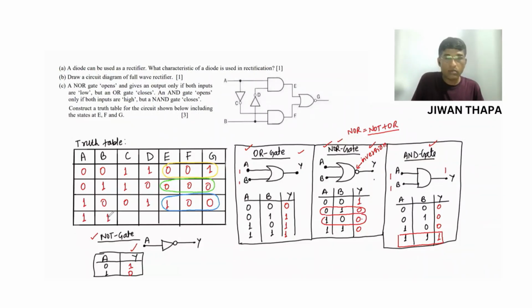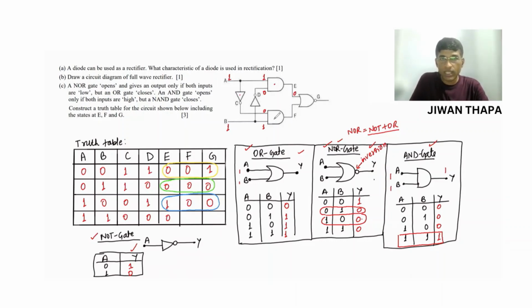Now A 1, B 1, both inputs are high. So 1 1, we have 1 1. Now this high on passing through this NOT gate will change into 0. So we have C 0, and this high, that is 1, on passing through this NOT gate will change into 0, that is low. So we have D 0. Now for this AND gate, 1 0 will give 0. So E is 0.